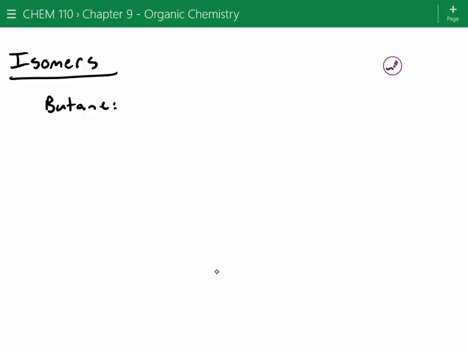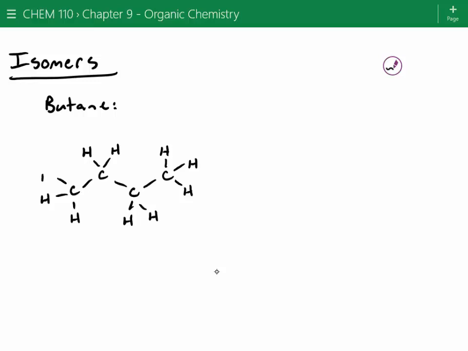So what I'll do is just draw them like this. So it looks like pentane, but with 1 fewer carbon. So our carbons are always going to be in the middle like that? Yep, carbons are always the backbone. They love being in the center of things. All right, so this is one version of butane.